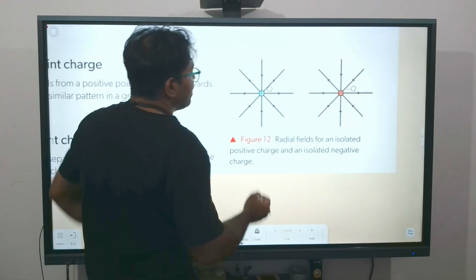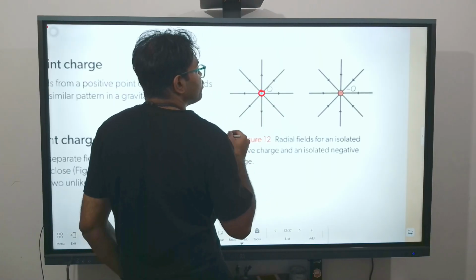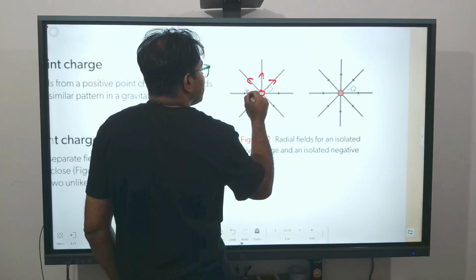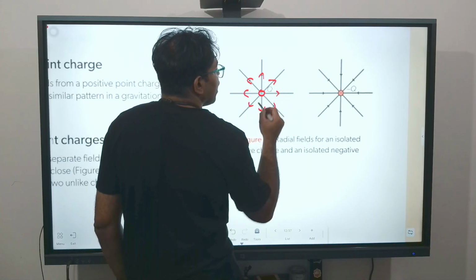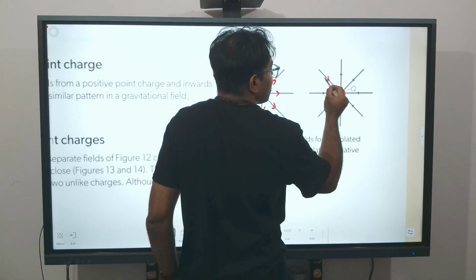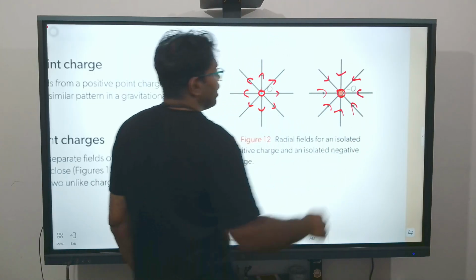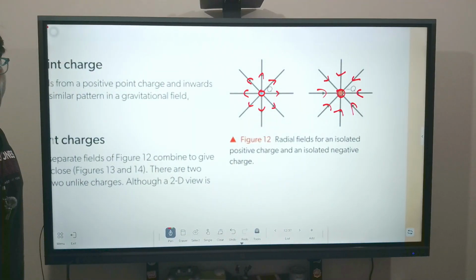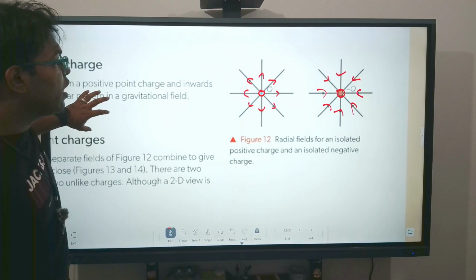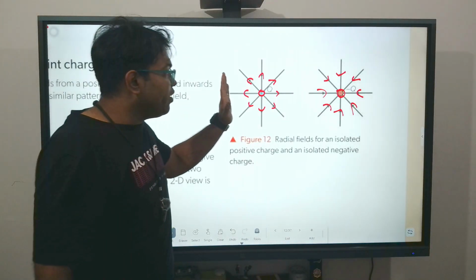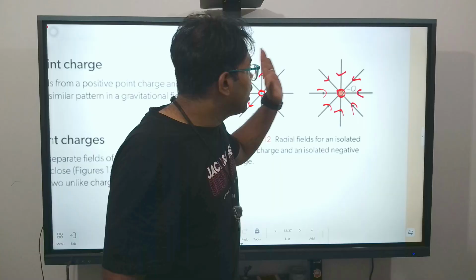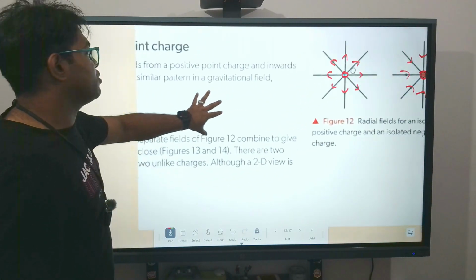From the positive charge the field lines are going outwards, and onto the negative charge the field lines are terminating, going inwards. This is true for all positive and negative charges. Understood? The field lines originate from the positive charge and terminate at the negative charge.